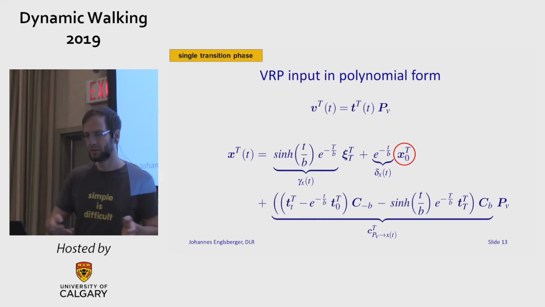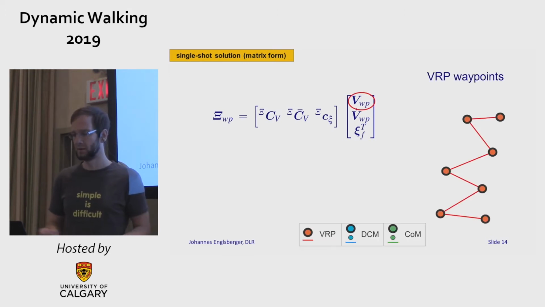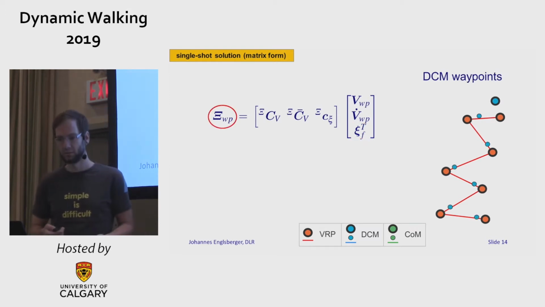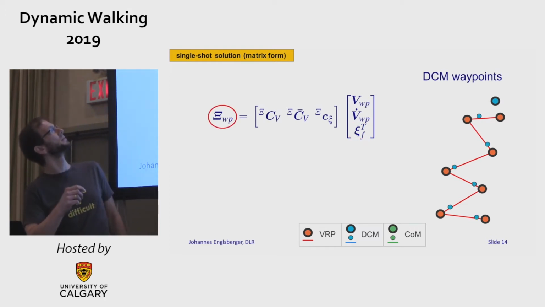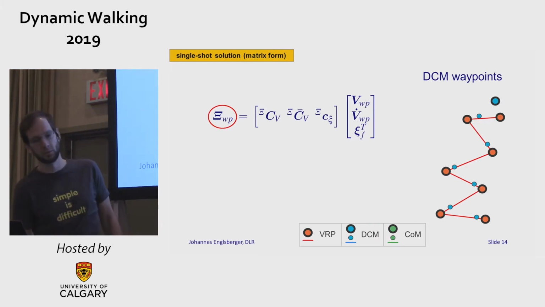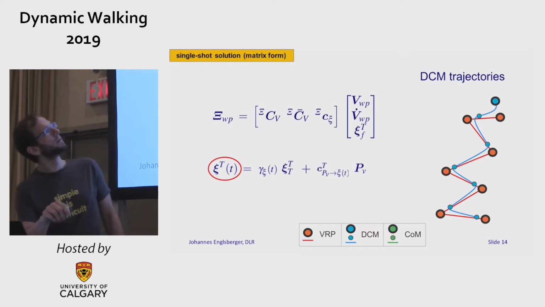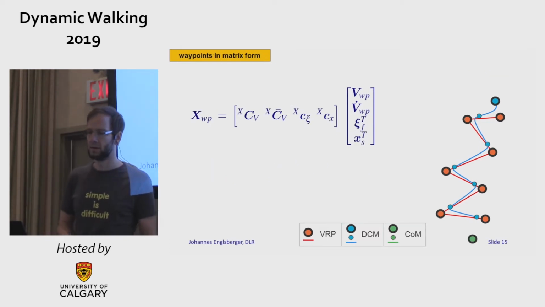Now all of these single transition phases are stacked together to yield a single shot solution in matrix form. So basically what in the end you do is you specify those VRP waypoints, the corresponding velocities, and a DCM terminal constraint, which in matrix form, so this is just a stack of all of these waypoints, provides all of these waypoints in blue, and then also you have an analytical solution for these continuous trajectories here.